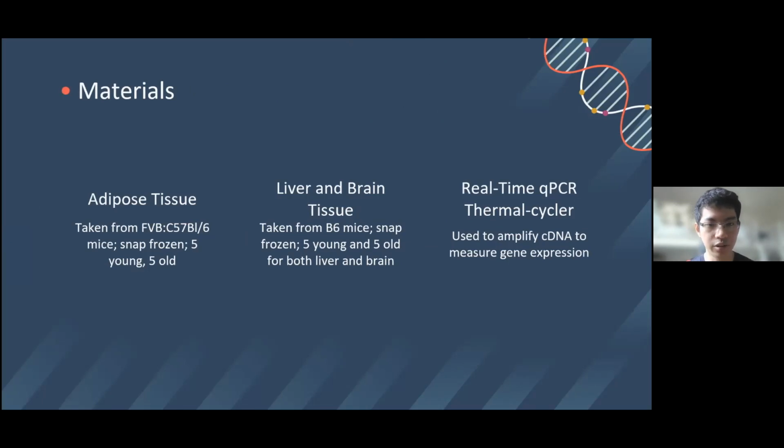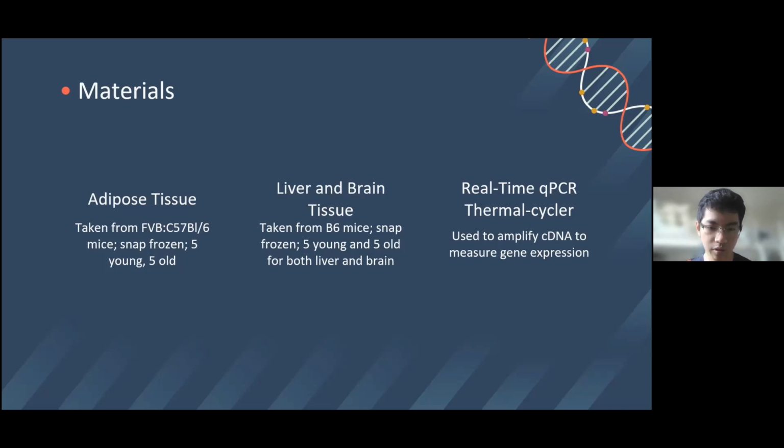For the materials used, the adipose tissue was taken from the FVB C57BL/6 F1 mice, as they are commonly referred to. The tissue was snap frozen, and there were 5 young and 5 old samples. The liver and brain tissue were taken from B6 mice.